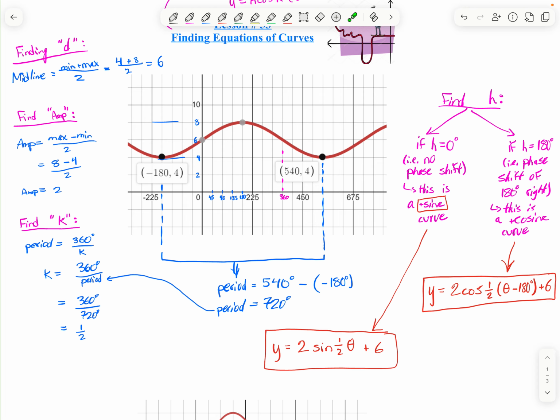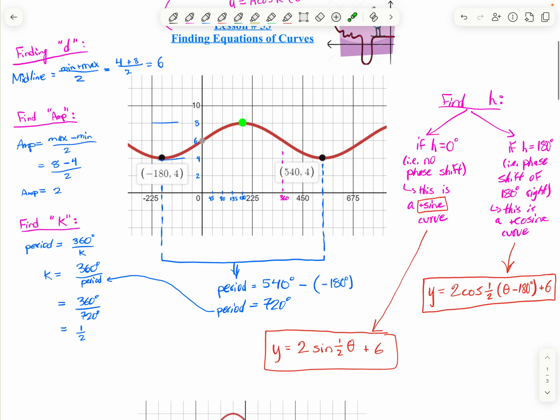A negative sine starts at the midline and goes down, so that would be a reflected sine. For cosine, look for a maximum or a minimum. A positive cosine starts at a maximum and then goes down. A negative cosine, or reflected cosine, starts at a minimum and goes up.